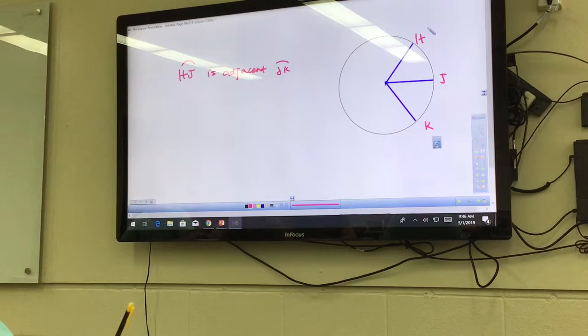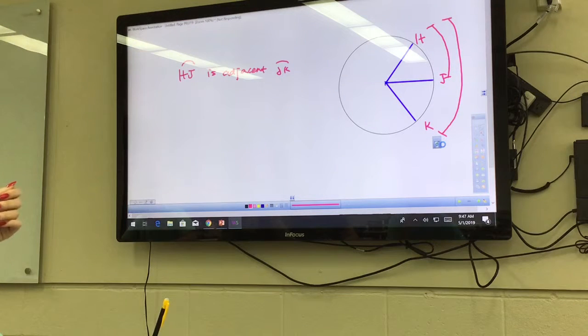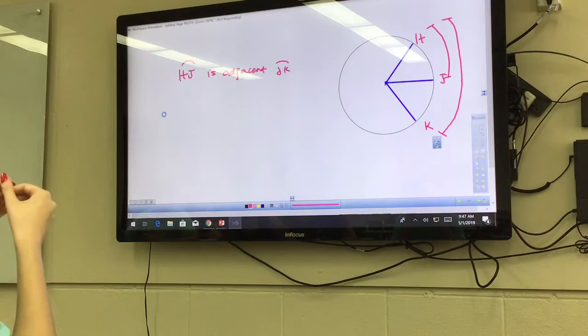Because I have that, if I know the value of HJ, and I know the entire value of HK, I can use something called the arc addition postulate. Don't we already know segment addition? Don't we already know angle addition?